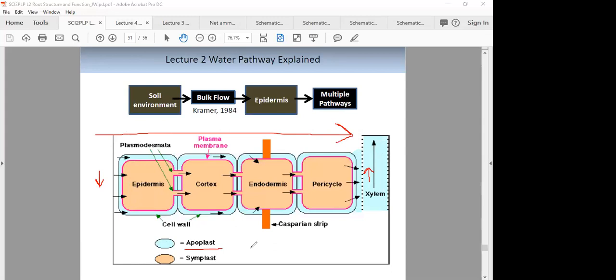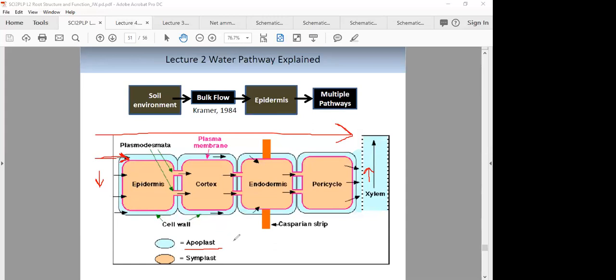Water can come into the root cells by every possible route of entry. One route is the apoplast, indicated here. So what region or regions are we talking about within the root?